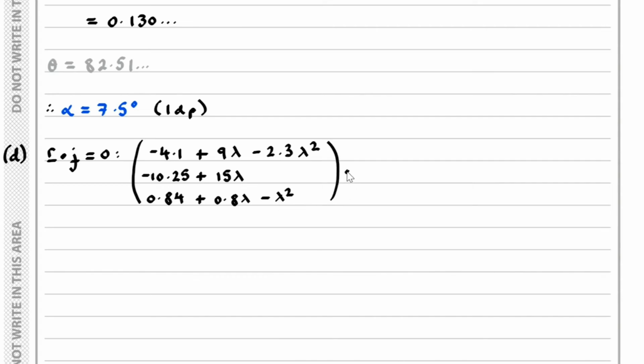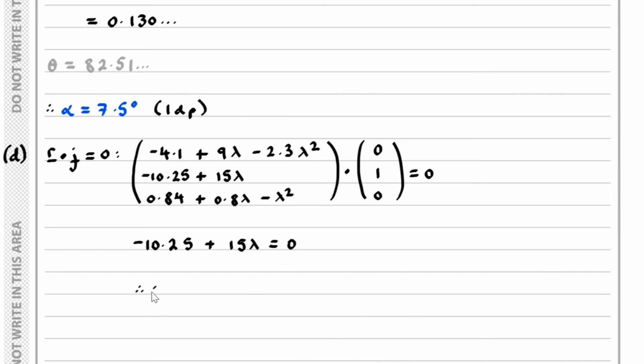And this is being dotted with j. Well, that's 0, 1, 0. The result of this is equal to 0. And so the i and k components will give 0. And for the j component, we've got minus 10.25 plus 15 lambda dot with 1 equals 0.